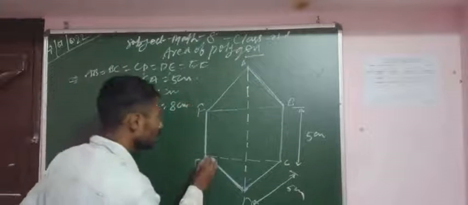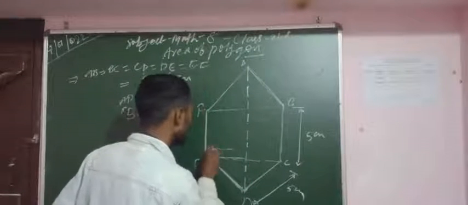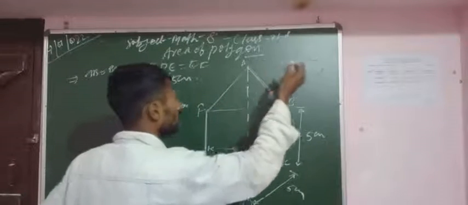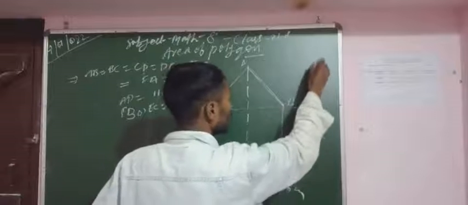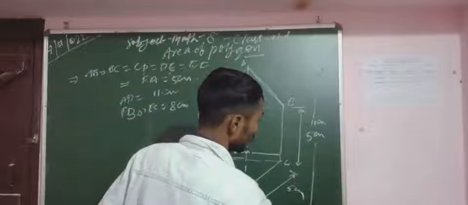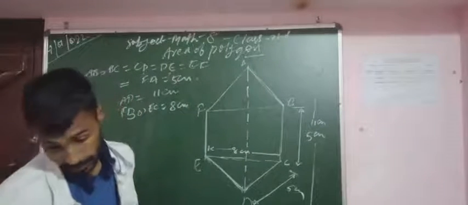This is the height of the polygon, which is equal to 11 centimeter.